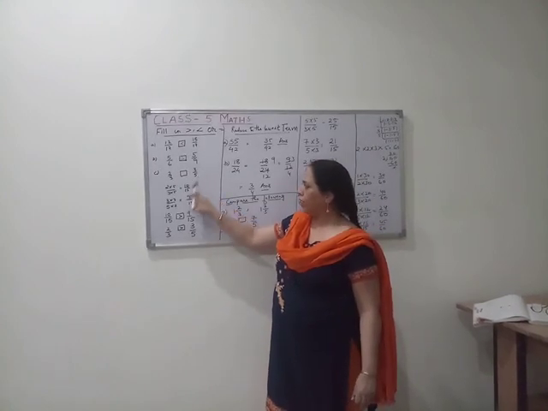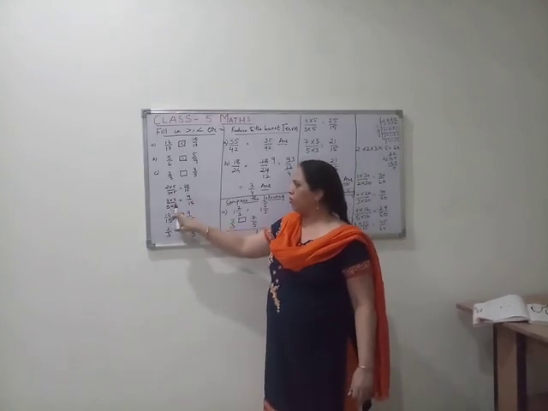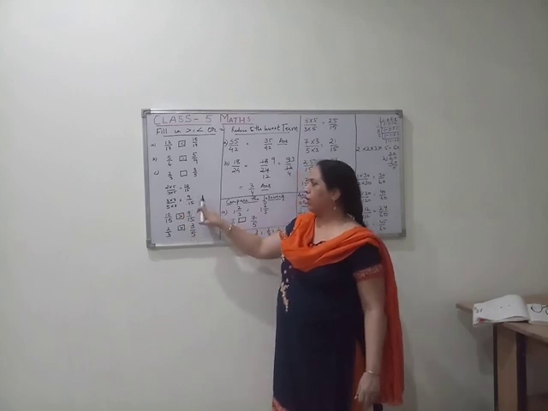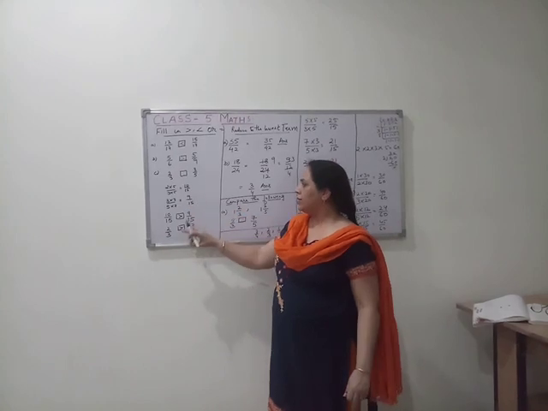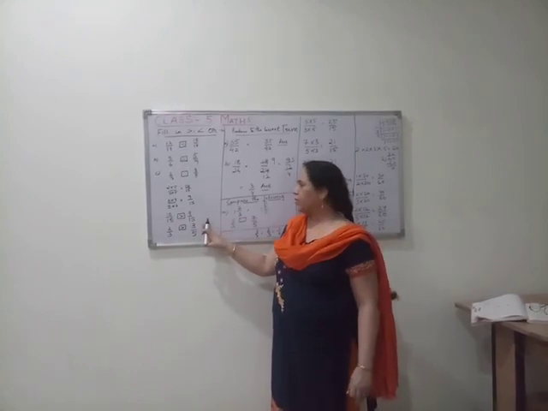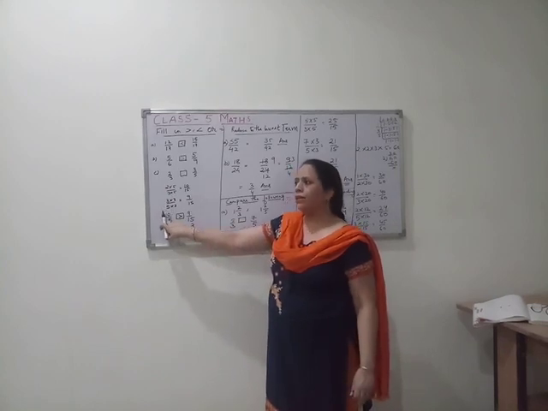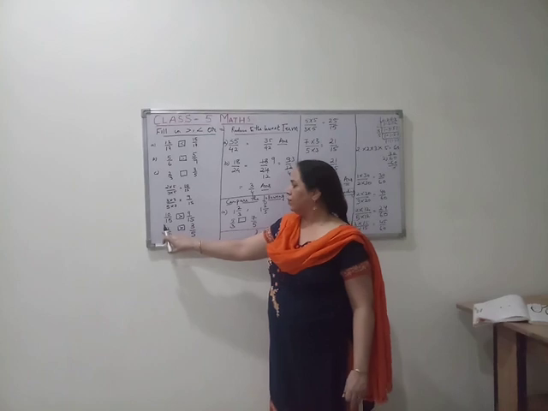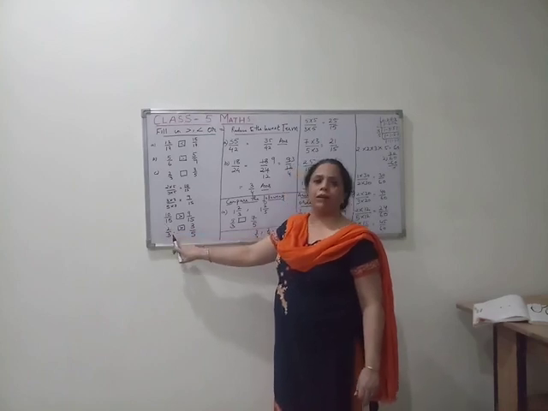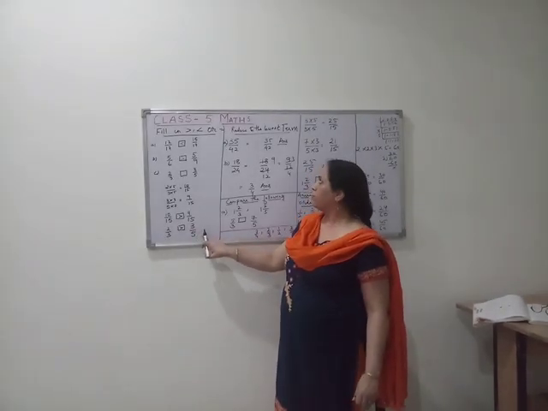Whereas in 3 upon 5, 3 into 3, 5 into 3, that is equal to 9 upon 15. Now we can see that the denominators of both fractions are the same, 10 upon 15 and 9 upon 15. In such a case, the numerator 10 is bigger, so 10 upon 15 is the bigger fraction. That means 2 upon 3 is bigger than 3 upon 5.